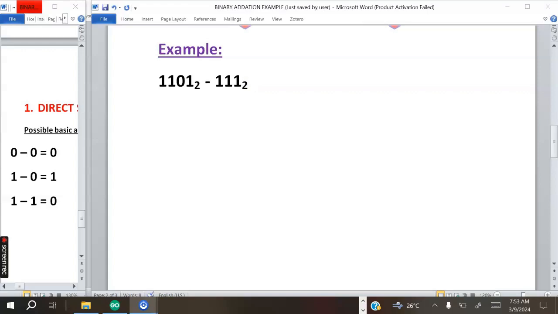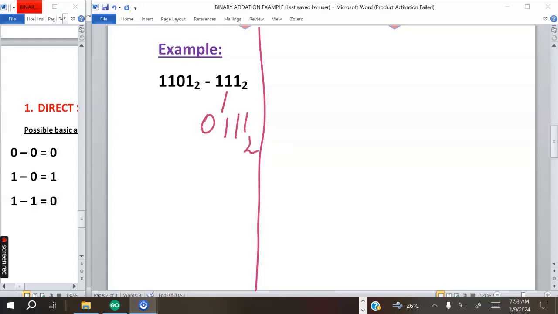Therefore, for this particular case, I will add a zero. Therefore, we will have 0, 1, 1, 1 base 2.